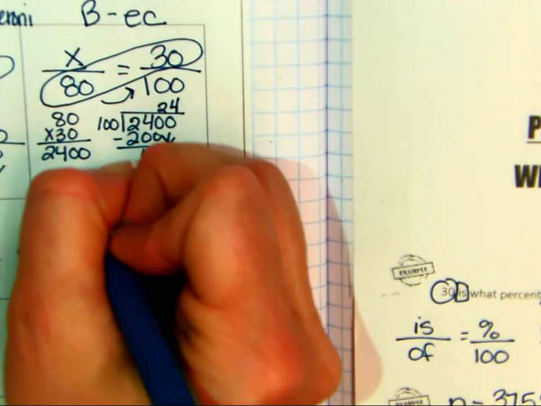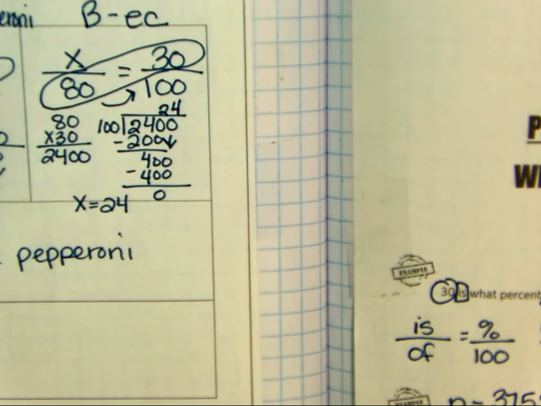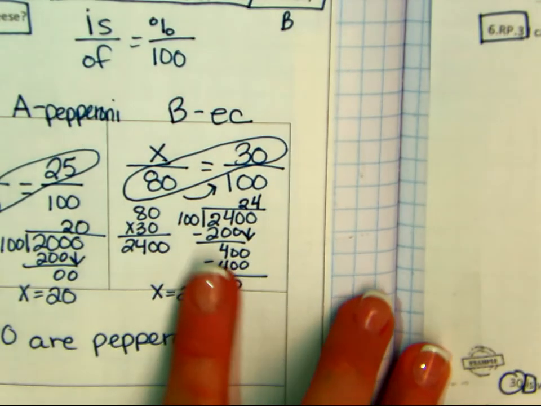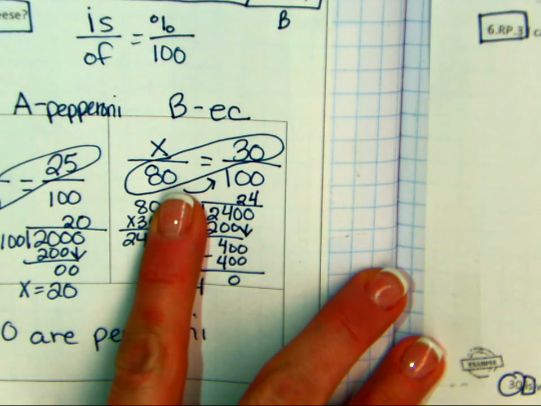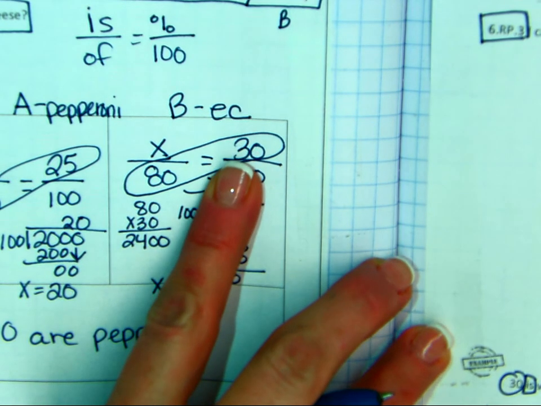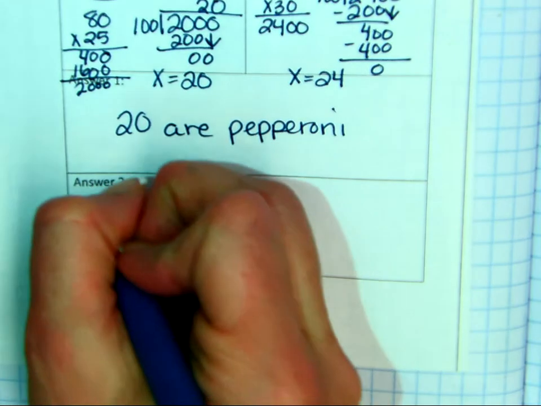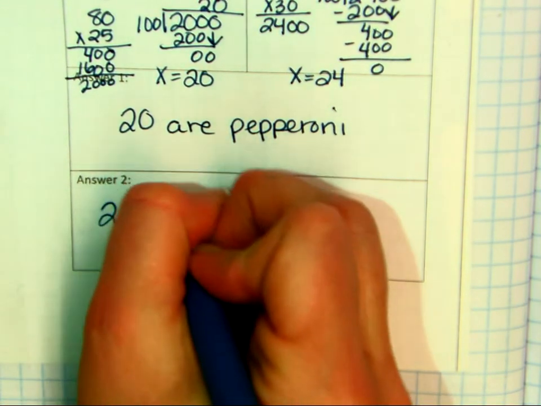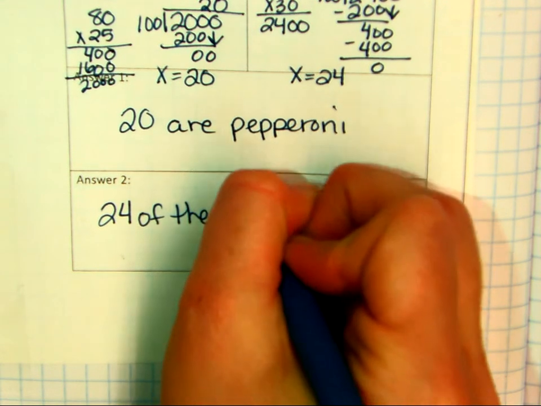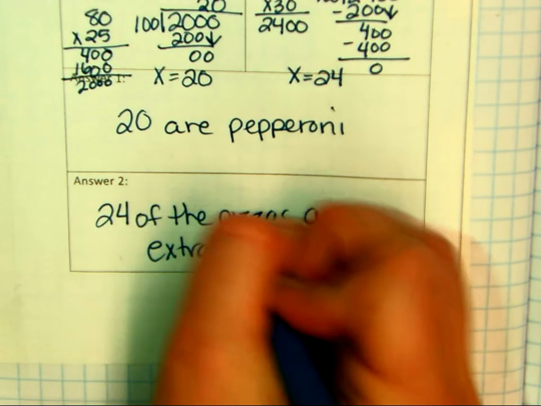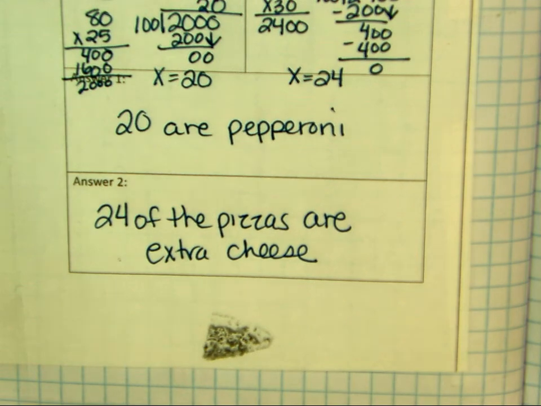So we know that 24 equals x, which means out of the 80 pizzas that we have, 24 represents 30%, which is the extra cheese. So our second answer is 24 of our pizzas are extra cheese.